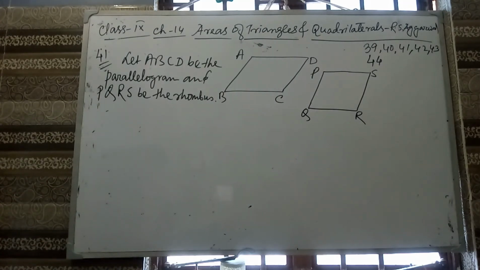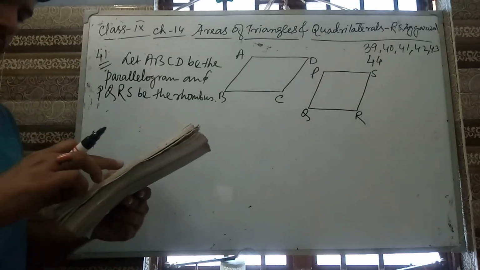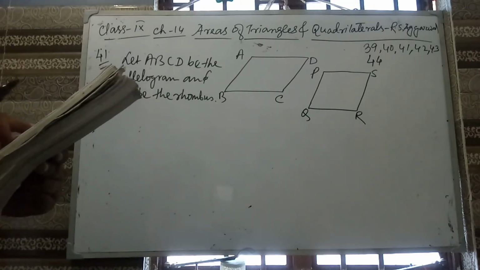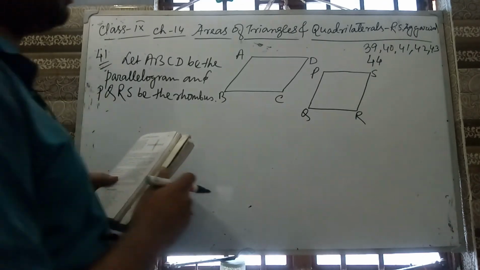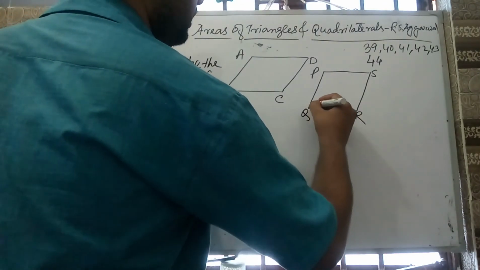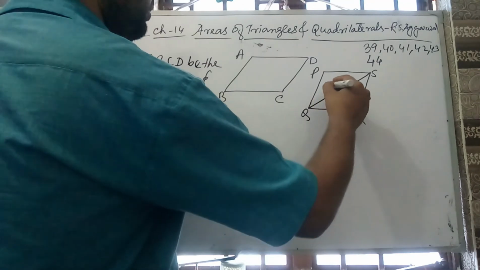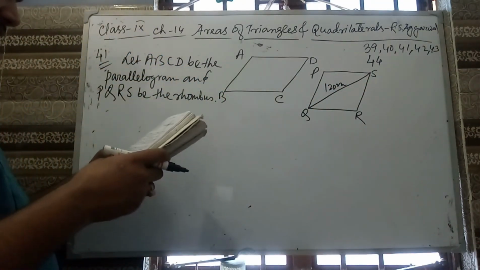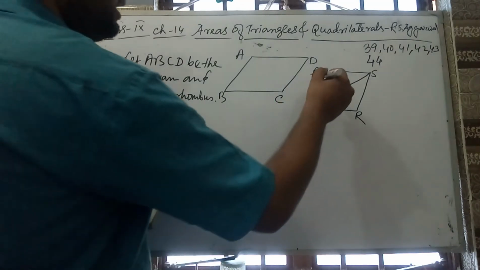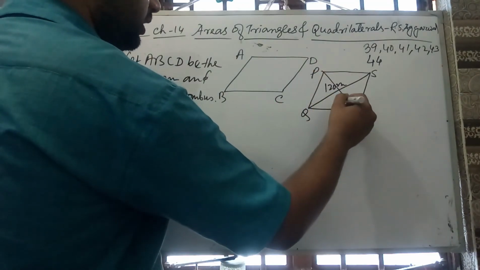Next part, what is given? The diagonals of the rhombus measure 120 meter and 44 meter. So let QS be 120 meter and PR be 44 meter.